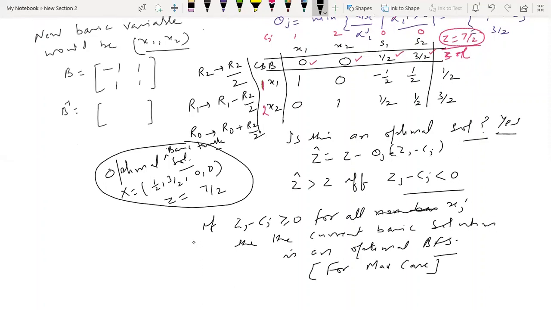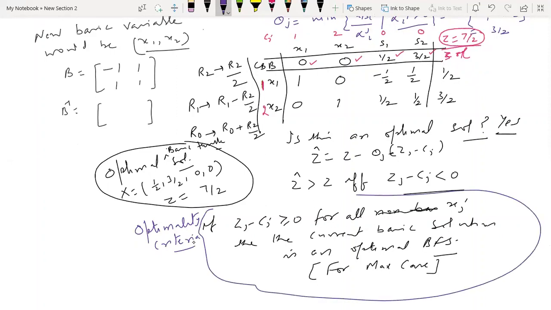So this is what I call my optimality criteria. What is my optimality criteria? If for a maximization case, Zj minus Cj's are greater than or equal to 0 for all the variables, then the present table depicts an optimal basic feasible solution.